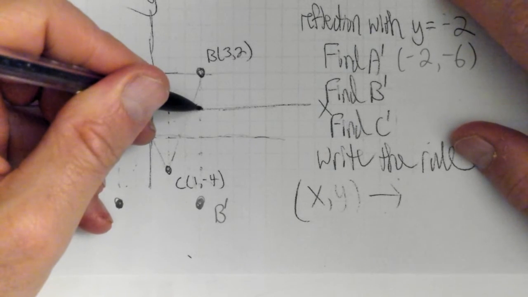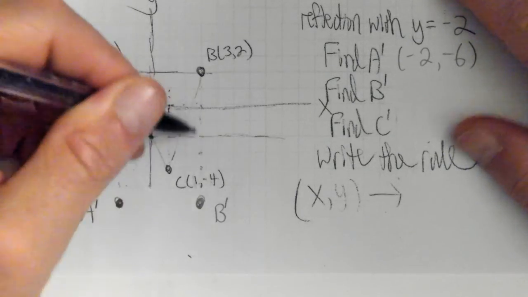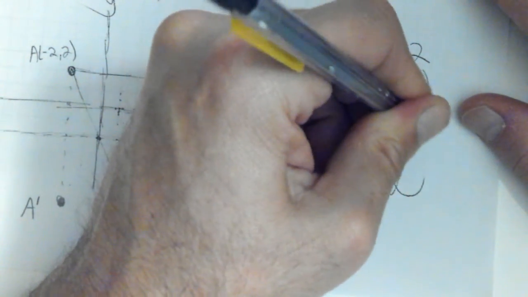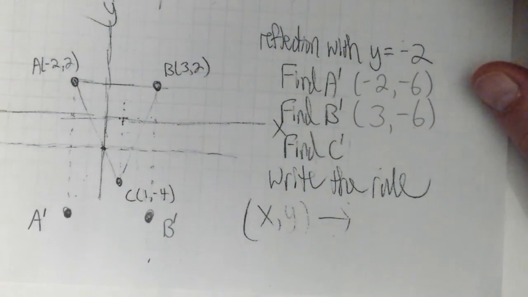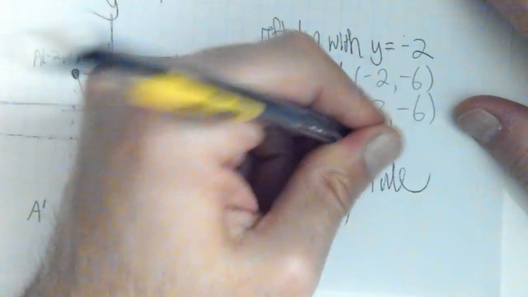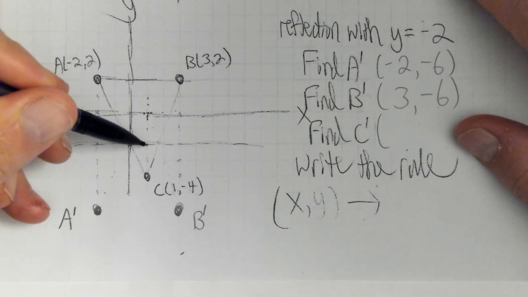So it's over by 3 and down by 1, 2, 3, 4, 5, and 6. Over 3, down 6. So that would be 3, -6.